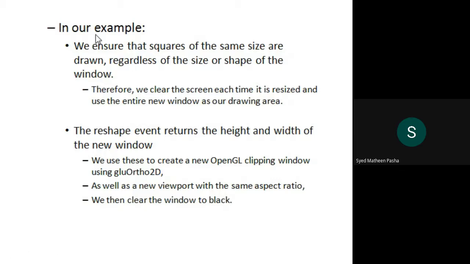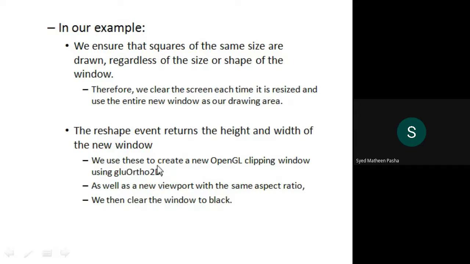As I told, this display functionality uses the reshape function. The reshape event returns the height and width of the new window. Why do we use this reshape function? Its output basically gives you the height as well as the width of the new window. Why do we use this function in OpenGL?